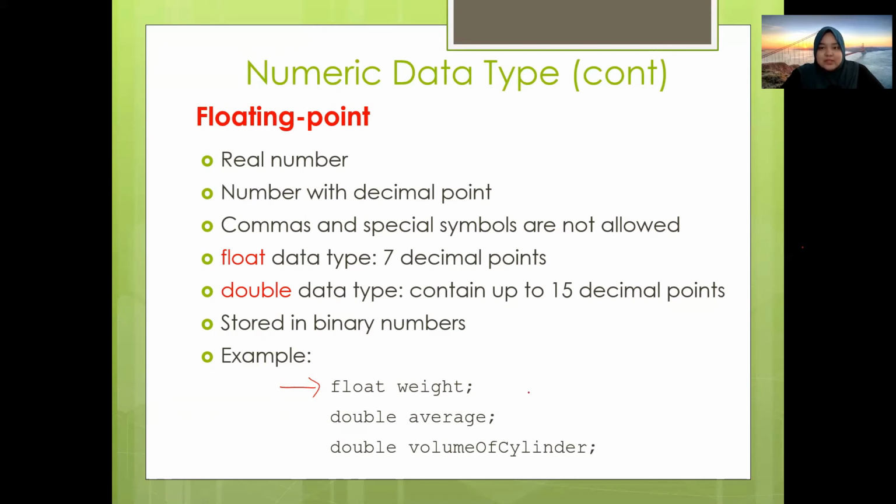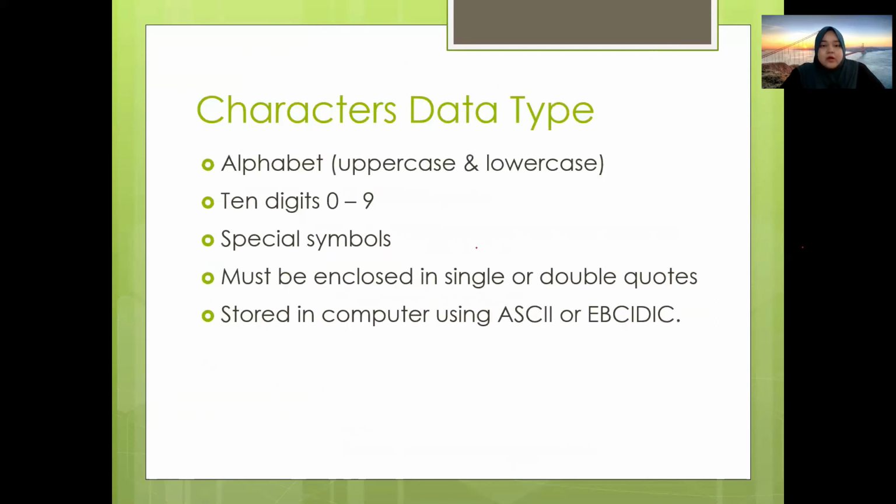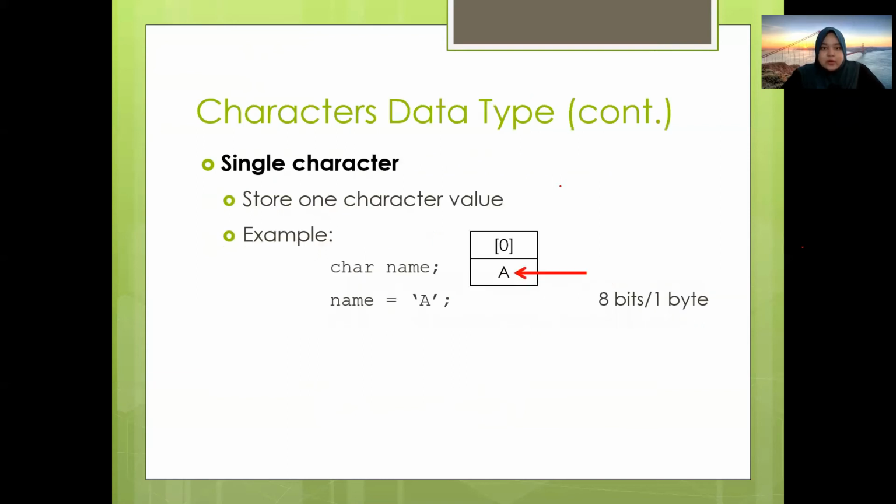Okay, ini variable declaration. Okay, for the character data type: alphabet, uppercase and lowercase, 10 digit, 0 to 9. Special symbol pun boleh. Must be enclosed in a single or double quotes. Store in computer using ASCII or Unicode. Okay, single character. Single character means that store one character value.